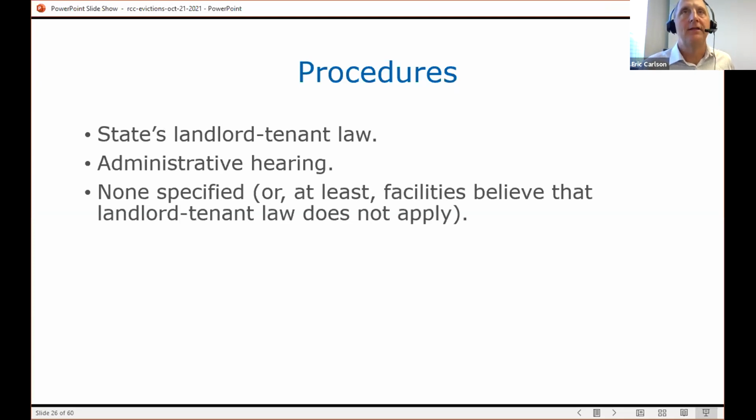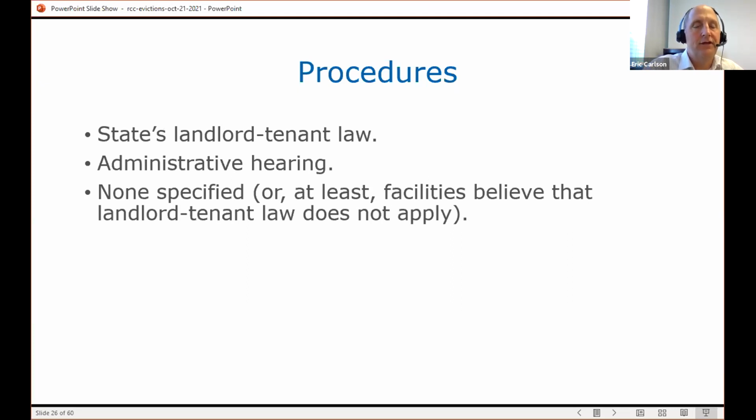Let's talk about the different procedures, which are going to vary from state to state. In adjudicating evictions in residential care situations, you may be looking at the landlord-tenant law, a standard eviction trial in the state trial court, some sort of administrative hearing in a limited number of states, or potentially nothing.